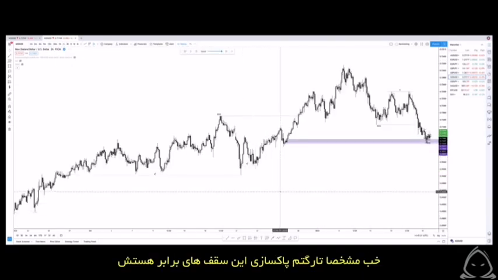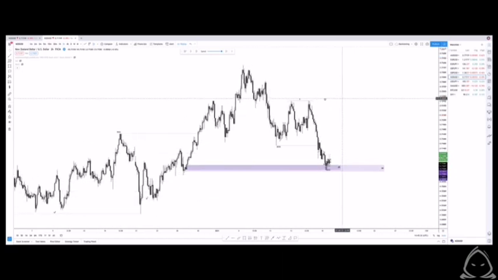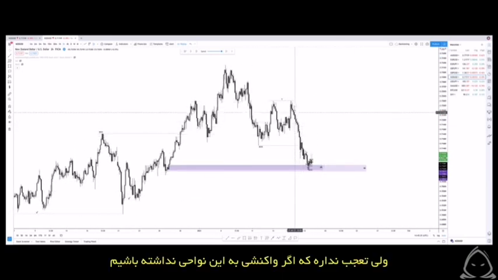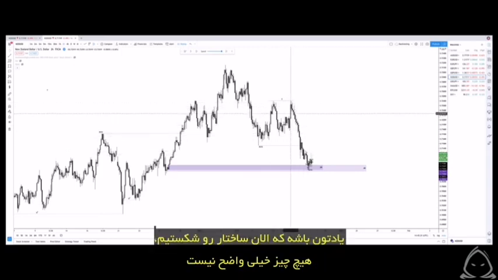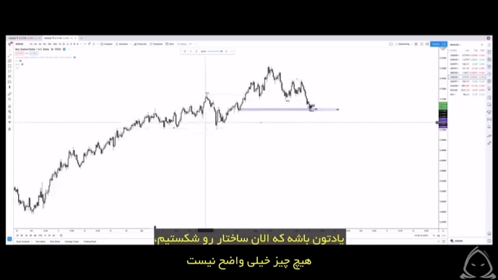Target wise, I'm expecting the sweep of these equal highs, but I wouldn't be surprised if we don't have a reaction from these areas, because remember we have broken structure now. Nothing's really that clear.